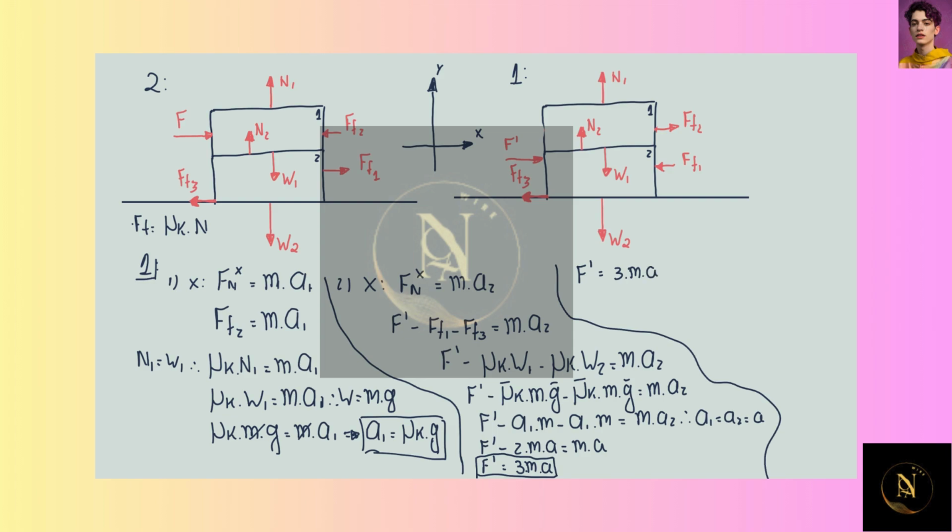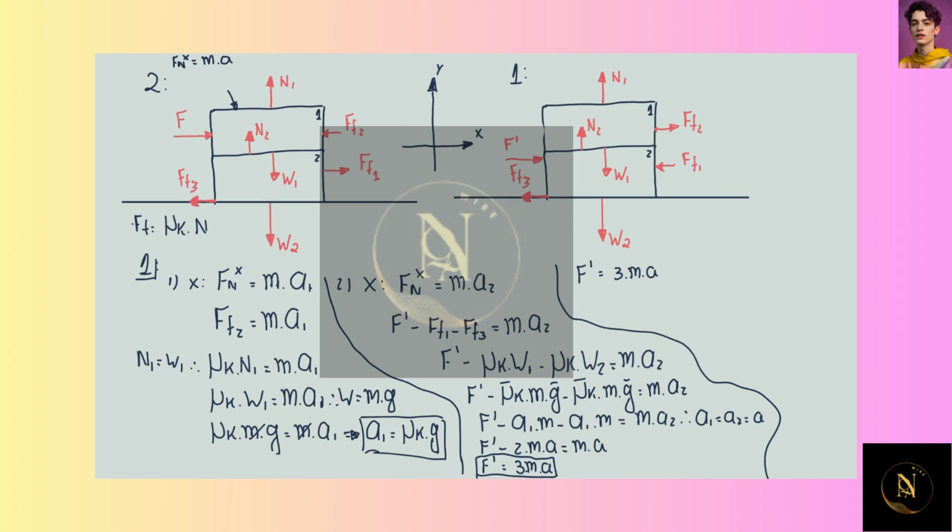And then how can we discover the acceleration of the blocks? We have to return to the first situation, because in the first situation, all the frictions are also the maximum possible frictions. And in the first situation, analyzing block number 1, we have that 2 forces are acting on the x-axis, so that the net force in the x direction is given by its mass times its acceleration.